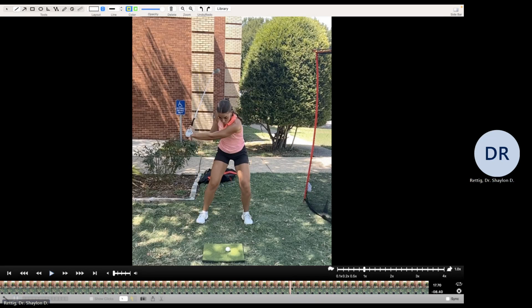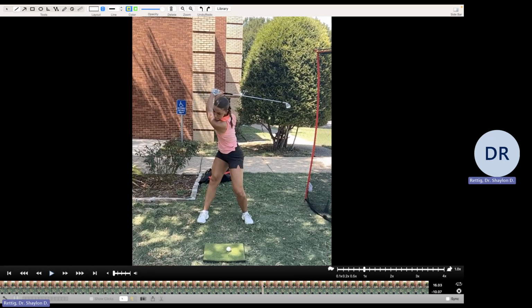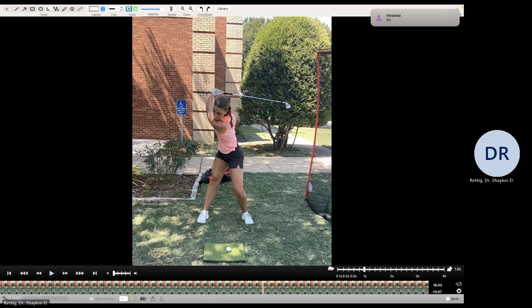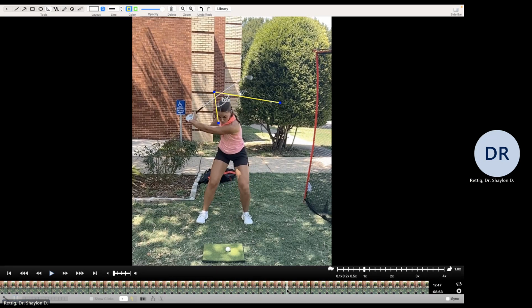And so I'm going to take it to the top here, and I'm going to draw an angle. Here, 74 degrees. Then when you get to the splash, we'll say here, maybe one more. We want that angle to decrease, which it does for you.